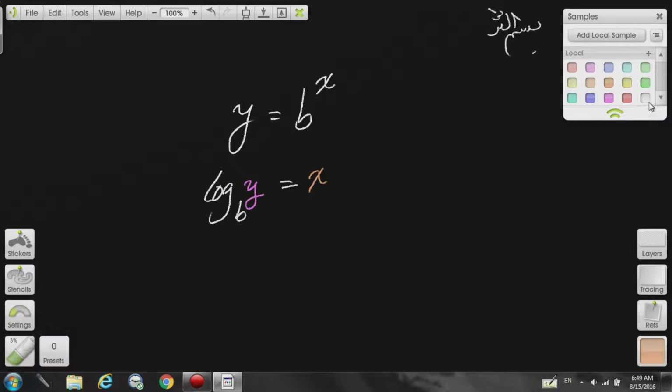This is how you change from an exponential equation to a logarithmic equation. What happens here is, the exponent is a variable. So logarithms, in a sense, free up the exponent.